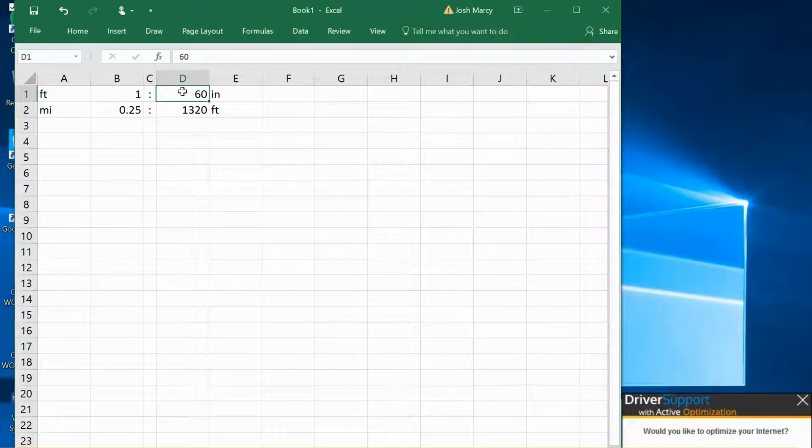So what we can do is tell it, instead of multiplying by 12, take whatever is in D1 and divide by 12. To go backwards, it's division. And now I could change the number of inches to whatever, 100 inches, 8.3 repeating feet. So it kind of depends what you want to do with this.